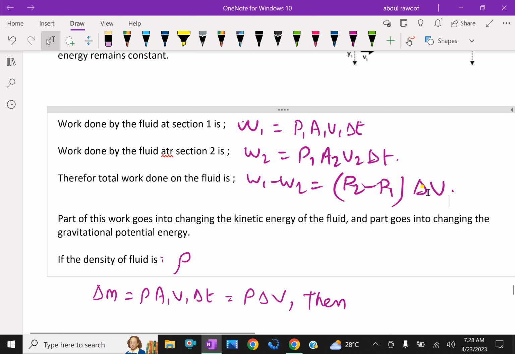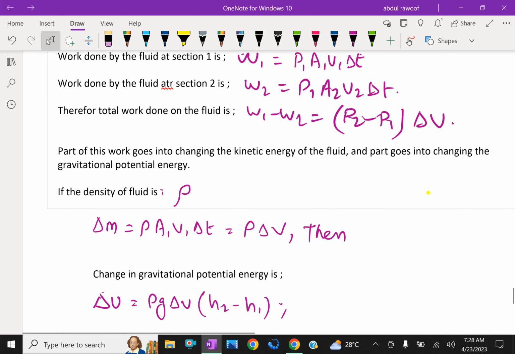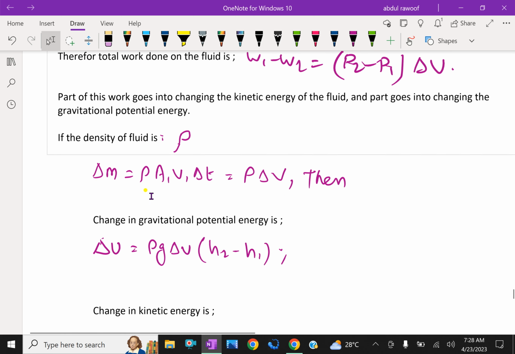Now, part of this work goes into changing the kinetic energy of the fluid, and part goes into changing the gravitational potential energy. If the fluid density is rho, then the change in mass delta m equals rho A1 V1 delta t, which is equal to rho delta V1.